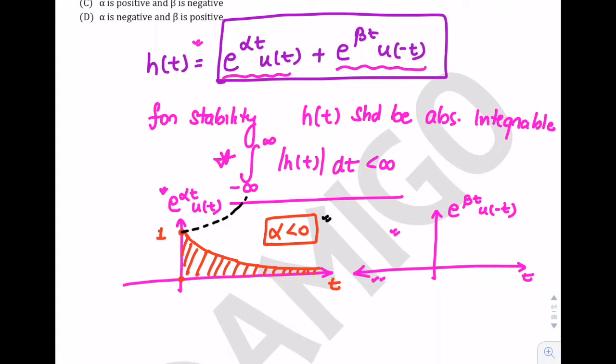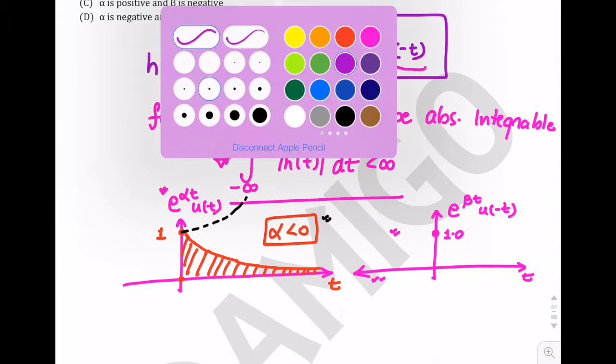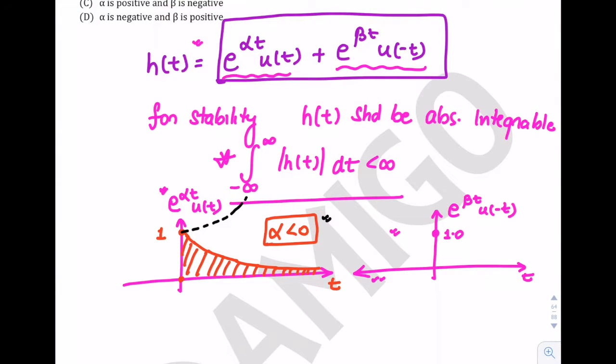At t equal to 0, the value is 1 again. Now if beta is negative, and we know that t is also negative, then e to power will be a positive value and it will keep rising towards infinity, and it will be a non-absolutely integrable signal.